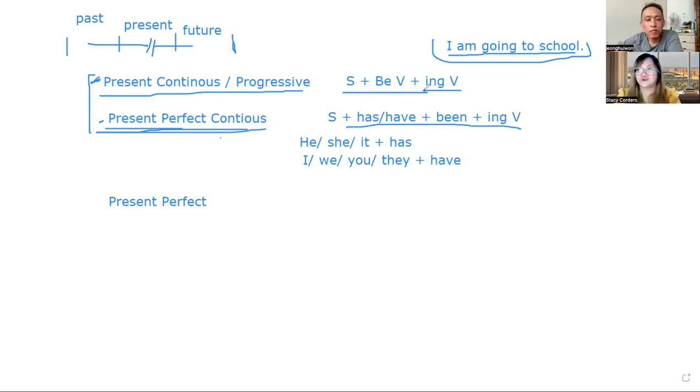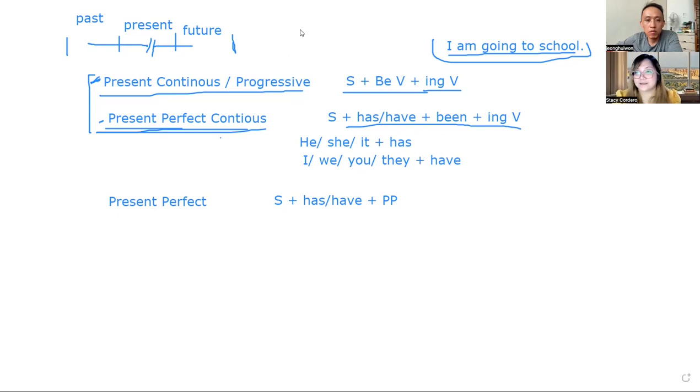So that when you use it in your daily life, it's more conversational. Okay? So with present perfect, here is the sentence pattern. It is subject plus has or have plus PP.